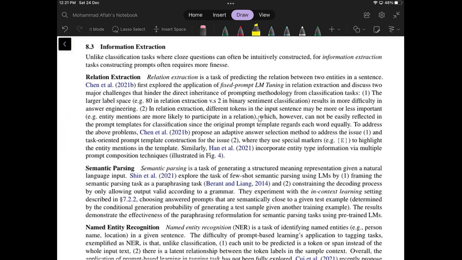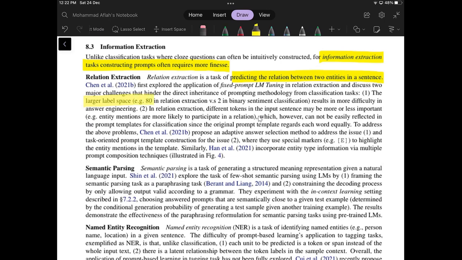For information extraction, unlike classification tasks where closed queries can be intuitively constructed, for these tasks it is much more difficult, as you might guess. For relation extraction, here you need to predict the relationship between entities in a sentence. Shen et al. first explored the application of fixed prompt language model tuning and discussed two major challenges that hinder the direct inheritance of prompting methodology.